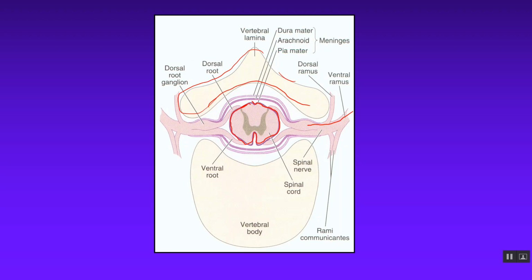You can't see the pia because it's just a couple cells thick. So that's the pia. The next layer is the arachnoid, which is this layer here. And then finally you have the dura. The space between the pia and the arachnoid is where all your spinal fluid is running. So you have spinal fluid in there between the pia and the arachnoid.